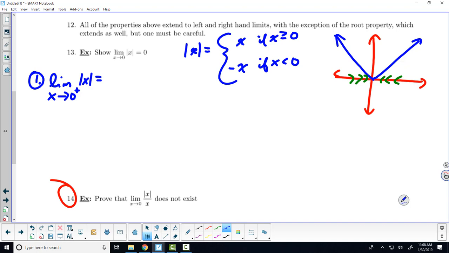Oh, just the identity function. Just the x function, right? Does everyone see that? Okay? So we're coming in from this direction, so we get to just replace the absolute value with x, only because we've specified the direction of approach. But this was not a polynomial function. This is an absolute value function, right? This is a polynomial function. So what do we get to use? The direct substitution property. So that's just equal to 0.